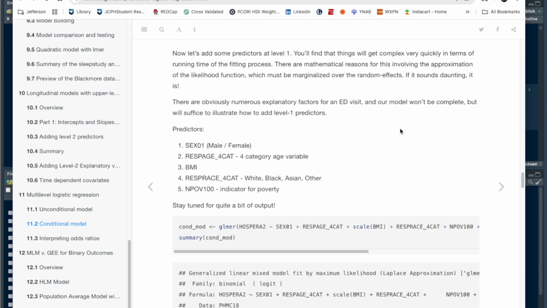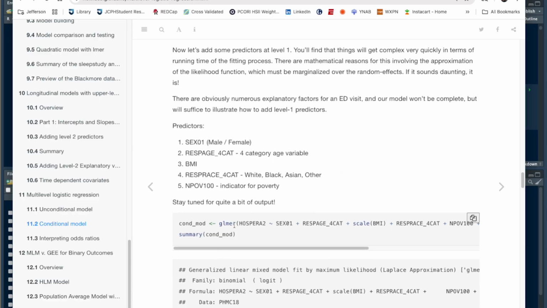You'll find if you run this model, it will take a little bit of time to return. So don't freak out. It's because essentially we're approximating a likelihood function that's very complex, and it's an integral that needs to be approximated. It's daunting. So it takes a little bit of time even for a modern computer.